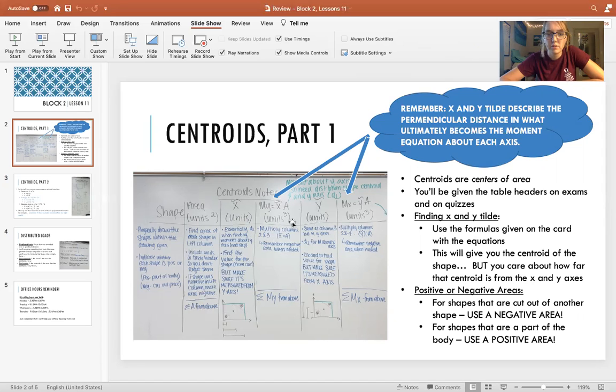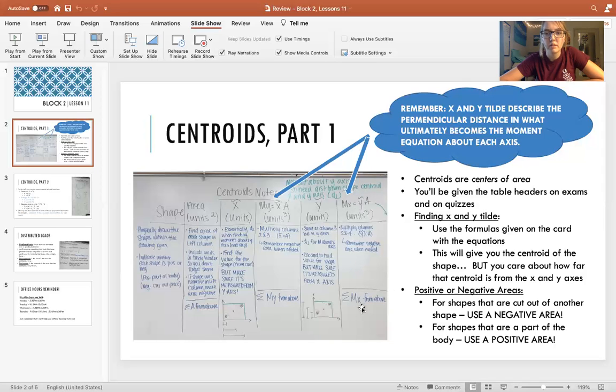These next four sections are slightly more complicated, but they're super easy if you think about it in the right way. The reason it took me so long to make this video is because I really wanted to figure out exactly the right way to say it. These are both moments: My and Mx. My is the moment about the y-axis, and Mx is the moment about the x-axis.